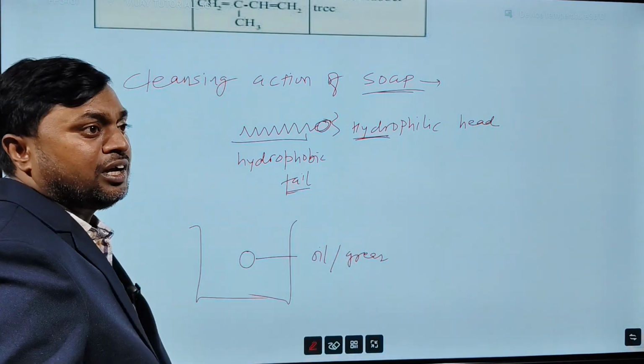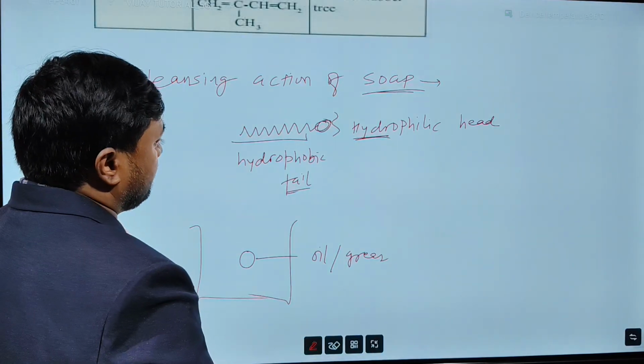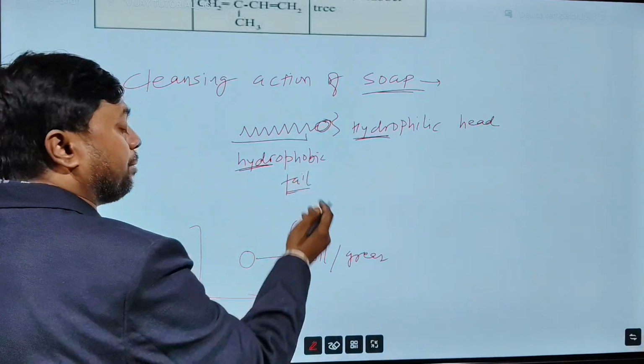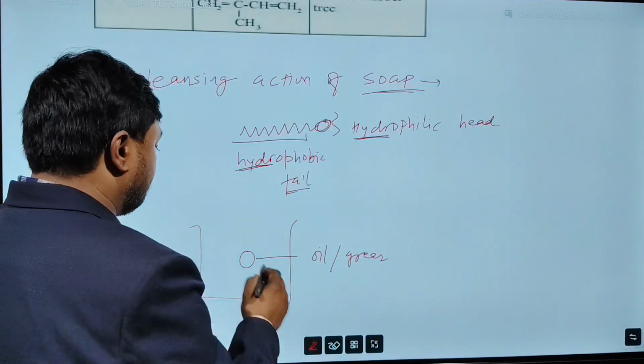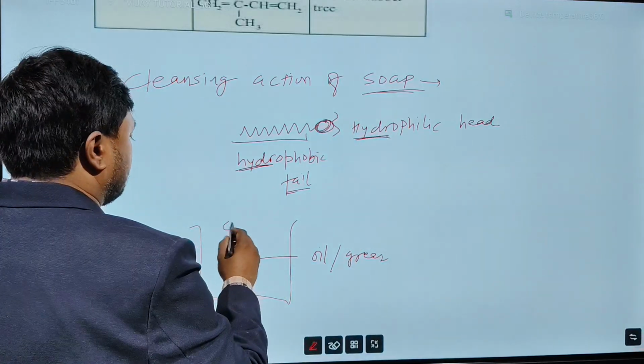Once you mix it in the solution, the hydrophobic tail moves away from the water surface. It is dirt loving, so it will go and attack the dirt. The hydrophilic head comes to the surface of water.